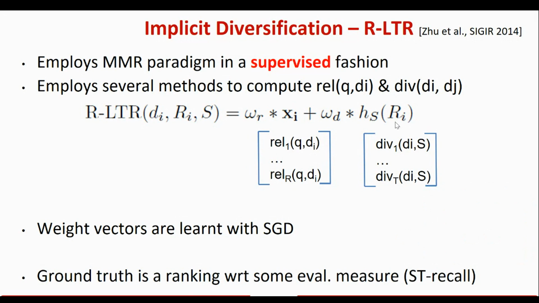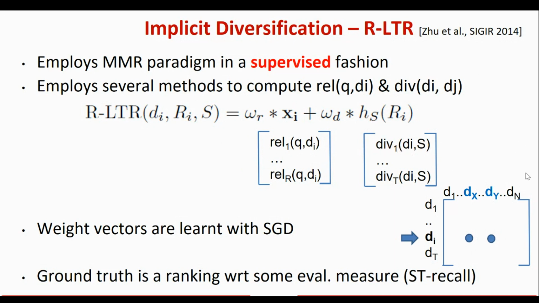And on the right-hand side of the formula, again, the diversity of the document di with respect to the set S. While computing this score, there is a matrix for pairwise similarities of documents for each different type of method or feature. So if dx and dy are in the set S, then the diversity of di from these two are computed and aggregated with the function h, and it is here the first score.